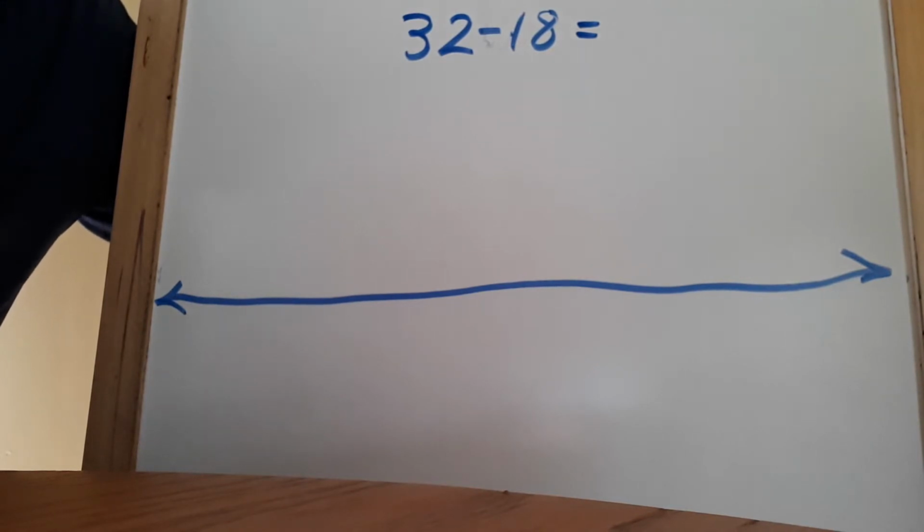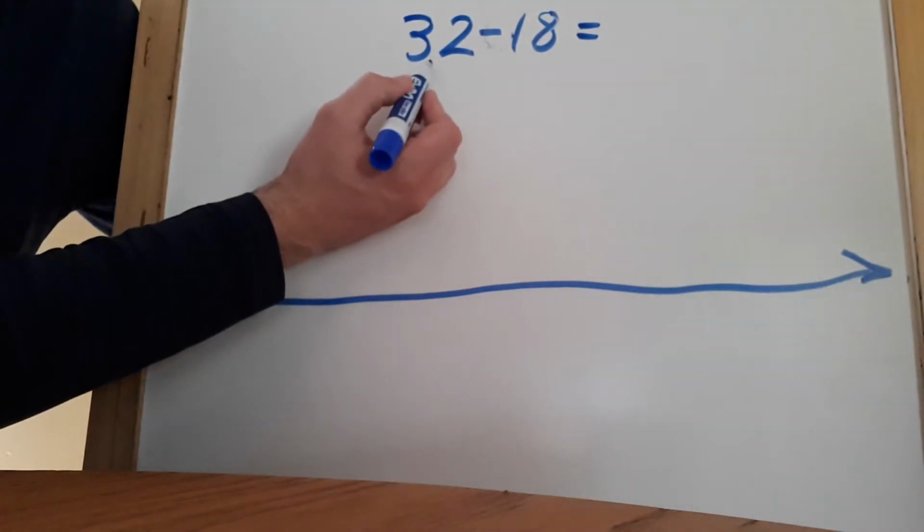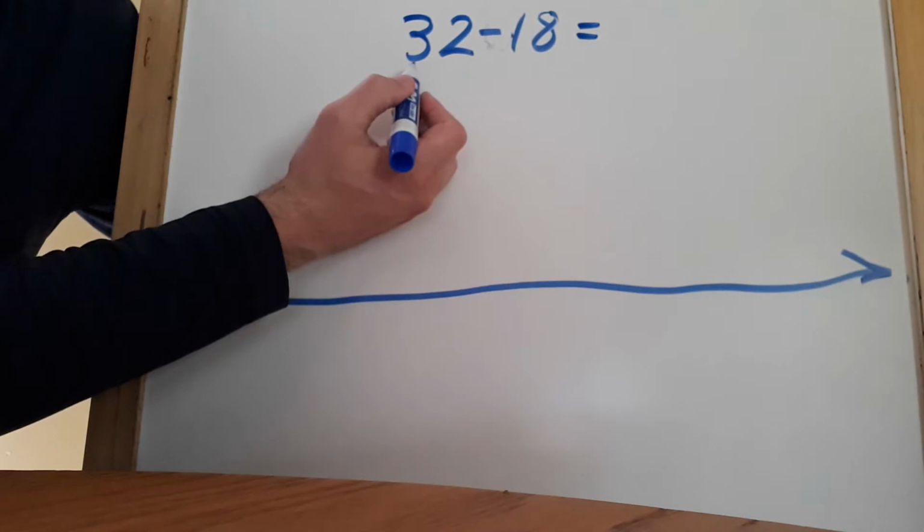And unlike addition, where it doesn't matter what number you start with, subtraction does matter what number we start with, for now. When you're older, that's a different story, but for grade 2, it matters. So we're going to start with the larger number every time for now.